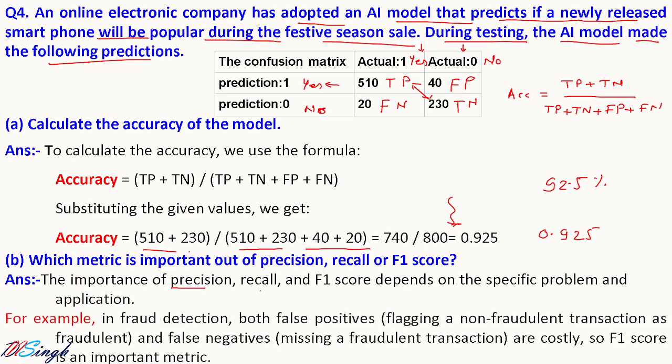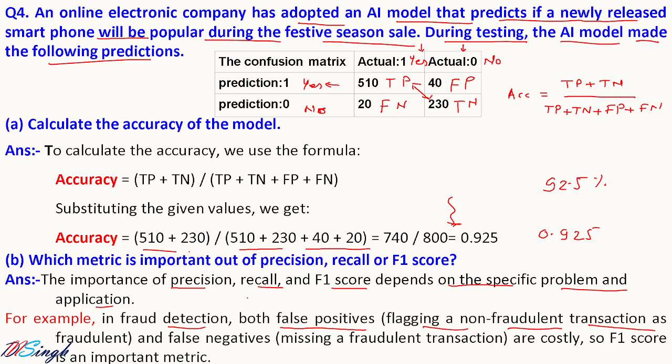The importance of precision or recall or F1 score will depend on the specific problem and application. For example, in fraud detection, both false positive, flagging a non-fraudulent transaction as fraudulent, and false negative, missing a fraudulent transaction, are costly. Fraudulent means the transaction which is not correct or has some issue.